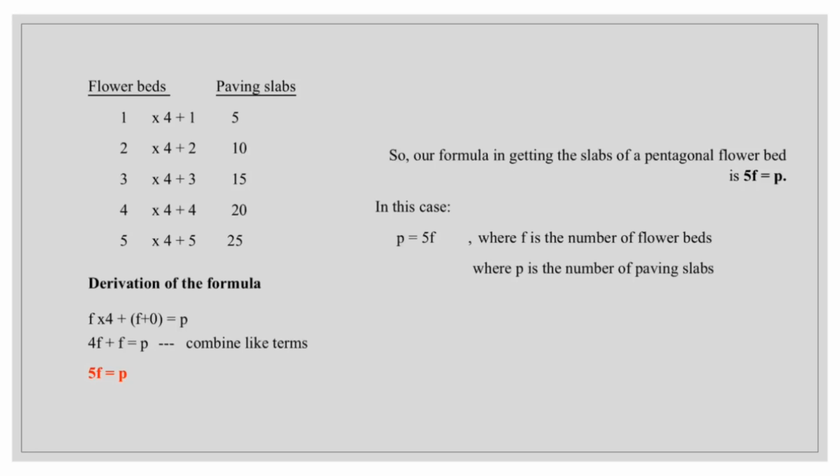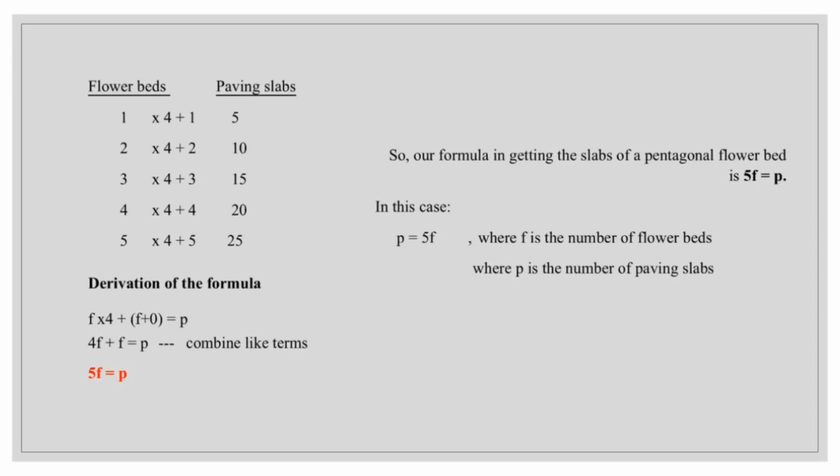And then titignan natin sa first row, 1 times 4 is equal to 4 plus 1 is equal to 5. And then sa 2 times 4 plus 2 is equal to 10. And then sa 3 times 4 plus 3 is equal to 15, and so on and so forth.